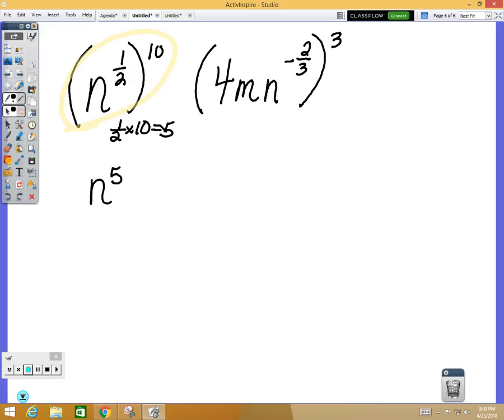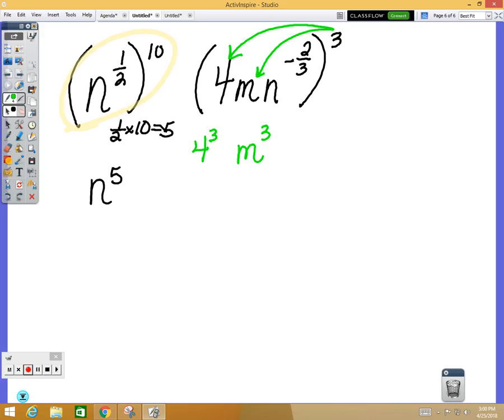Good. All right, now let's work on our other side. So we're going to forget about this n to the 5th power for a little bit. This is where I do that distributive. I need to say 4 to the 3rd power. I need to say m to the 3rd power.